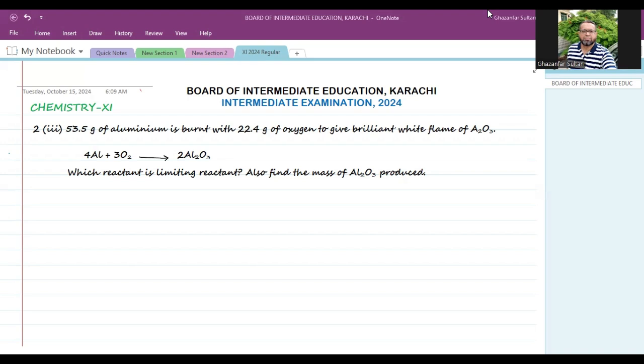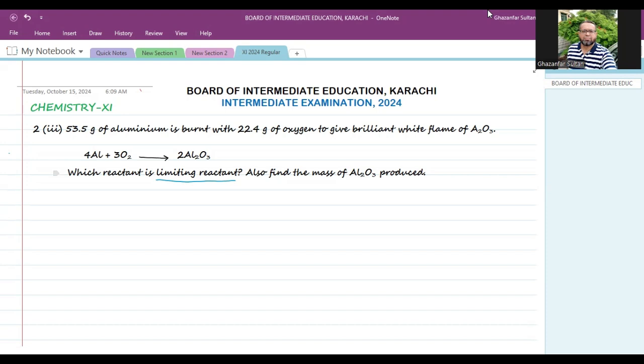Because when the masses of both reactants are given, definitely one of them must be consumed first, so we have to find the limiting reactant. The limiting reactant is the reactant that is consumed first, and the mass of the product depends on that reactant because the other one is in excess.